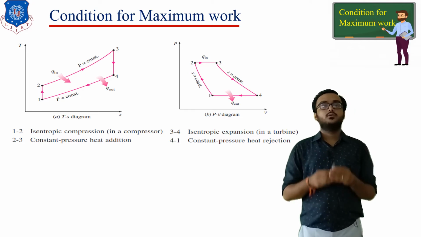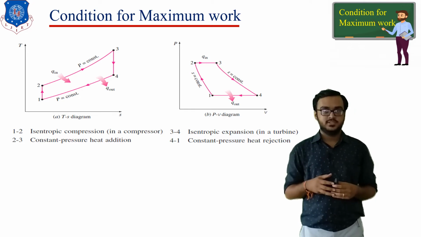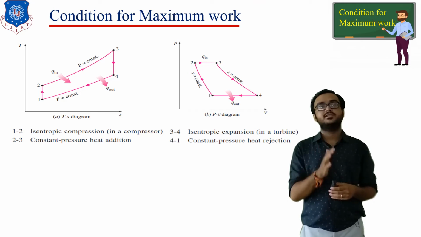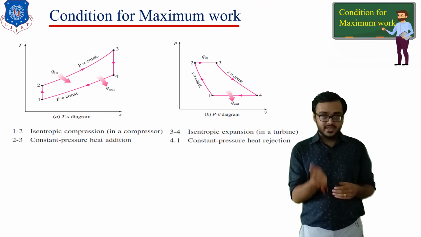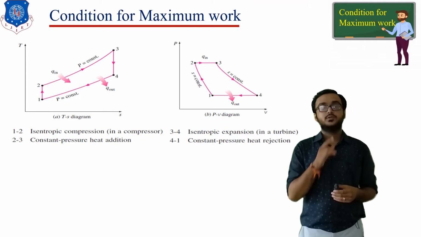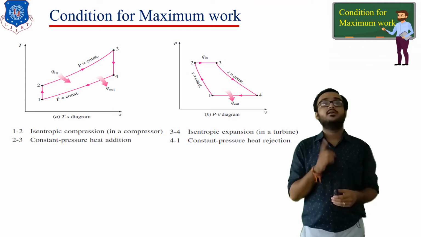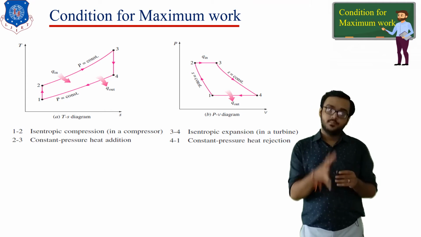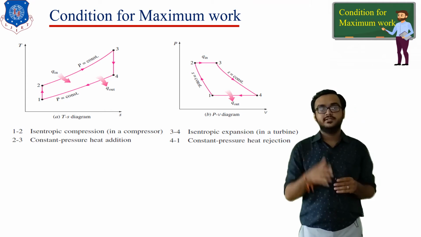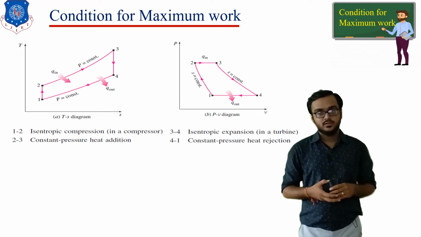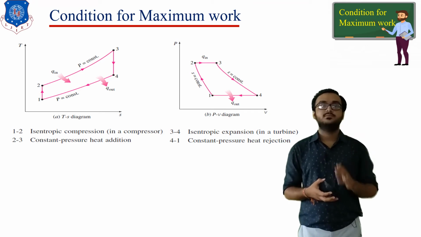2 to 3 is the heat addition process. As we are supplying heat, temperature increases while the pressure remains constant because of the indirect contact heat exchanger. So the 2 to 3 line on the TS diagram indicates the combustion process, during which pressure remains constant while temperature increases. Now 3 to 4 is the expansion process.